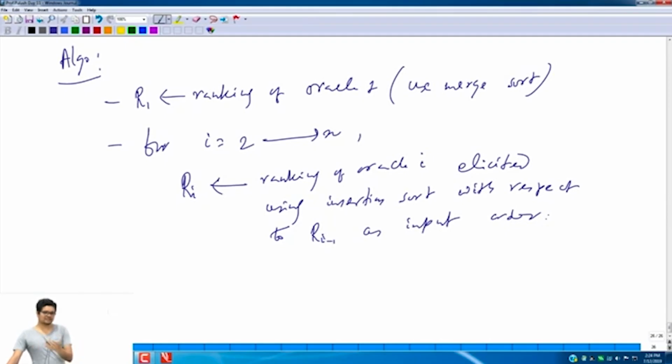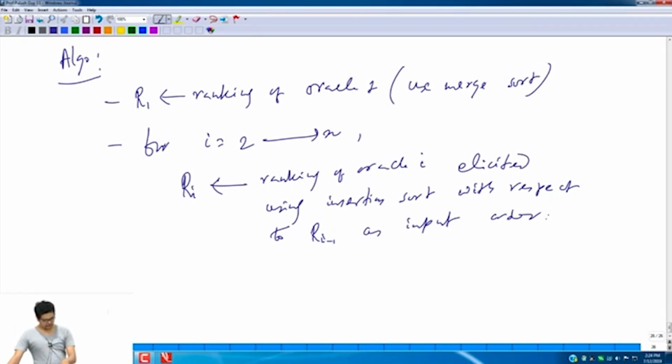Let's go slow. What does insertion sort do? Input is given in an order which may not be sorted, but it's in some order, and in that order I first look at the first element, second element, third element, fourth element. So it's with respect to the input order.